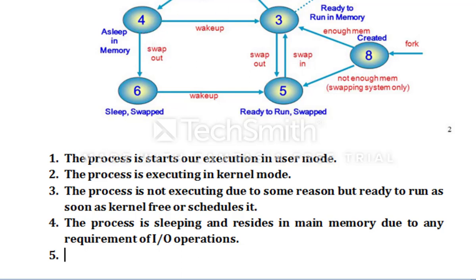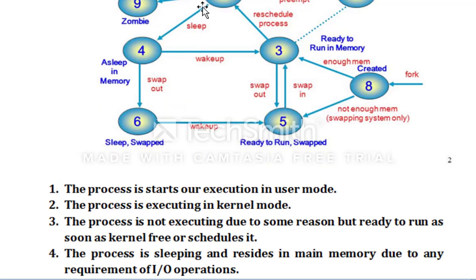That is why it goes to the memory, otherwise it could be terminated successfully. So after the end of execution the process goes to the zombie state, the death state, right? But it will not.